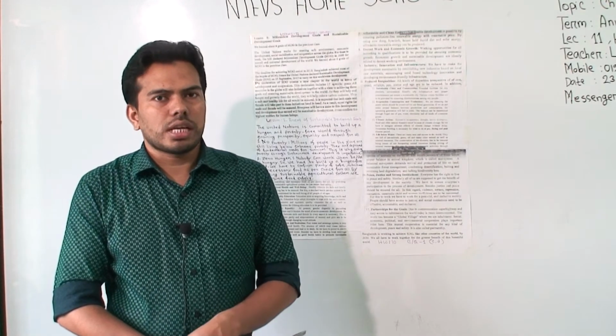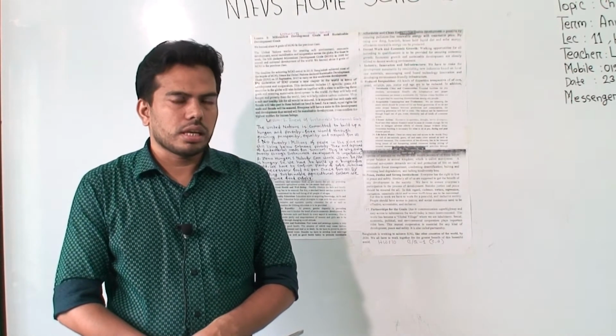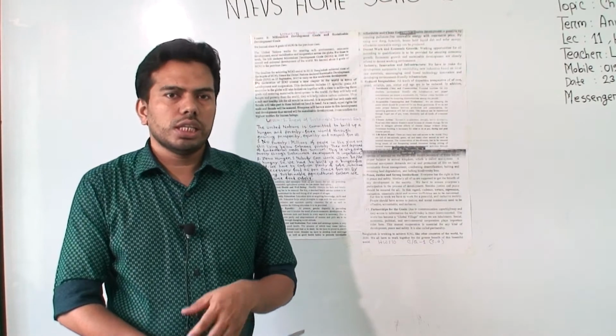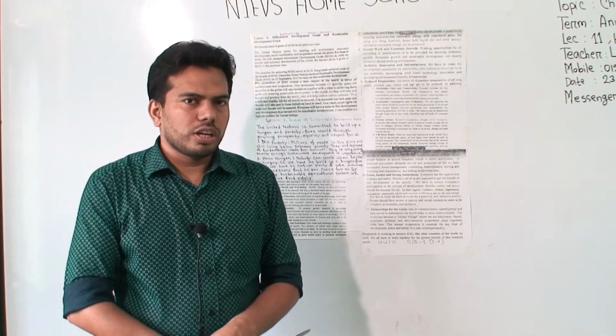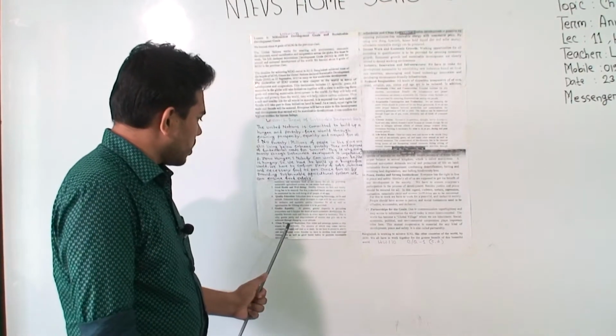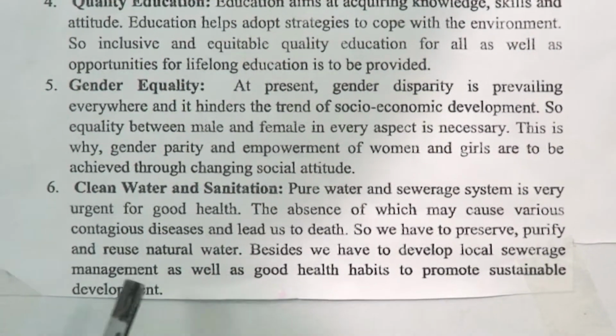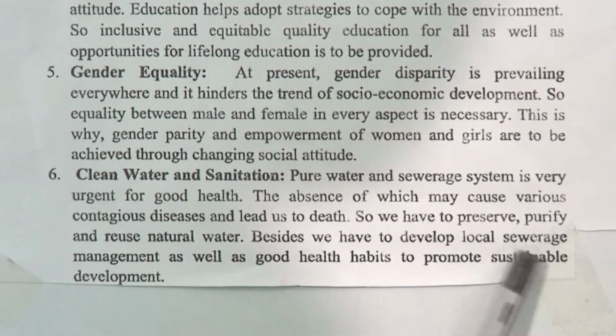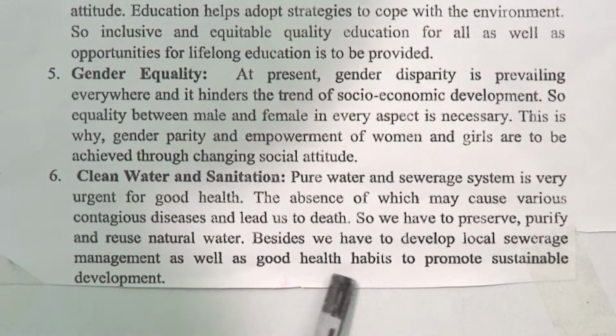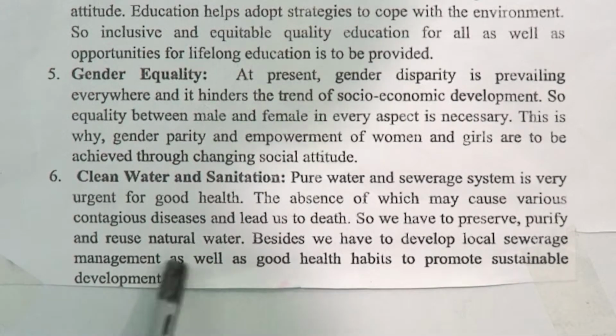They have to struggle against disease the whole year. So we need to bring this environment, clean water and sanitation method. So we have to preserve, purify and reuse natural water. Besides, we have to develop local storage management as well as good health habits to promote sustainable development.